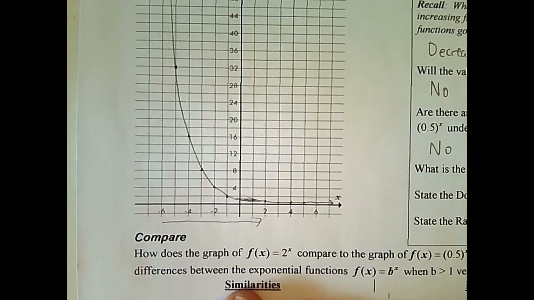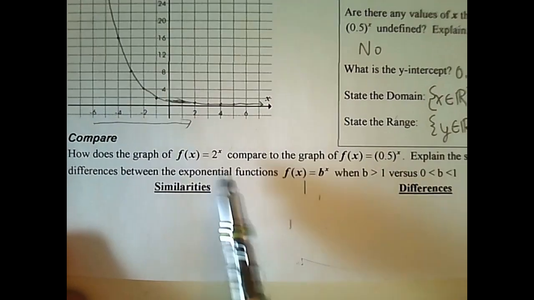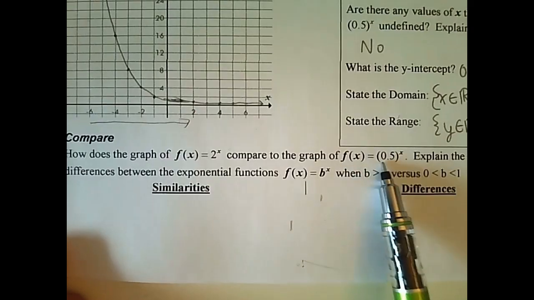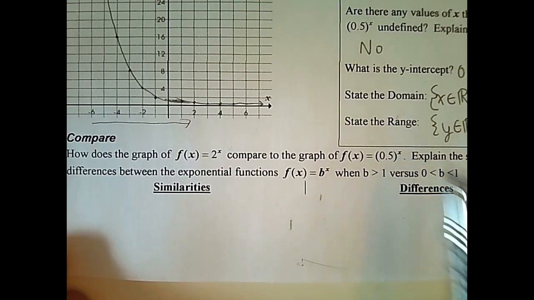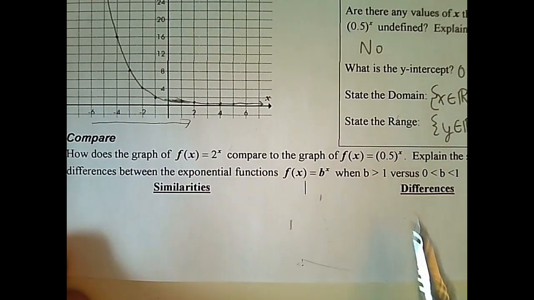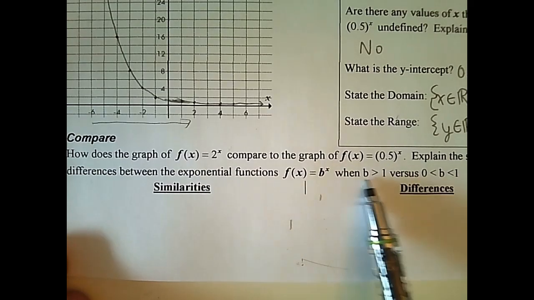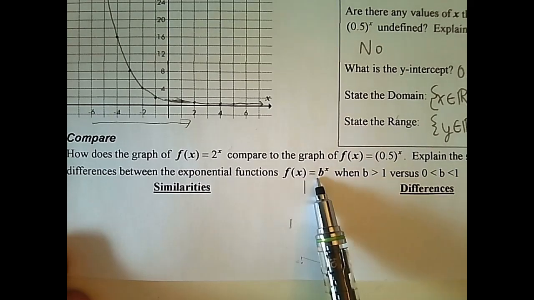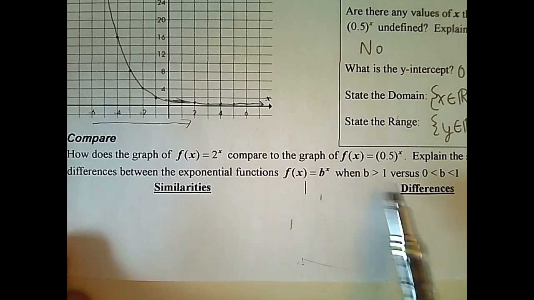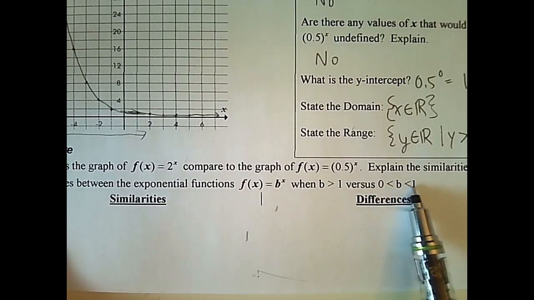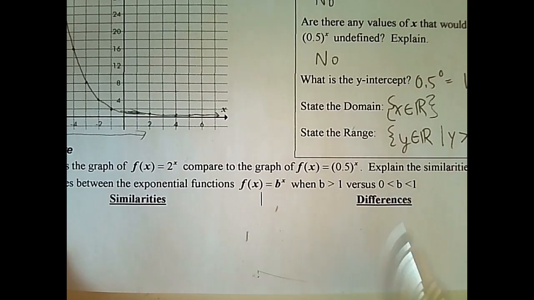So now let's compare how the graph of 2 to the power of x compares with the graph of 0.5 to the power of x. We're going to talk about the similarities and differences, and we're really just looking at, what if the b value in our exponential equation, the base, is greater than 1, and what if it's between 0 and 1, or a fraction.